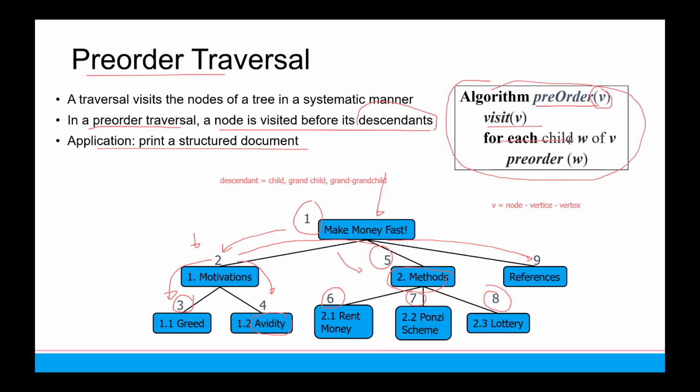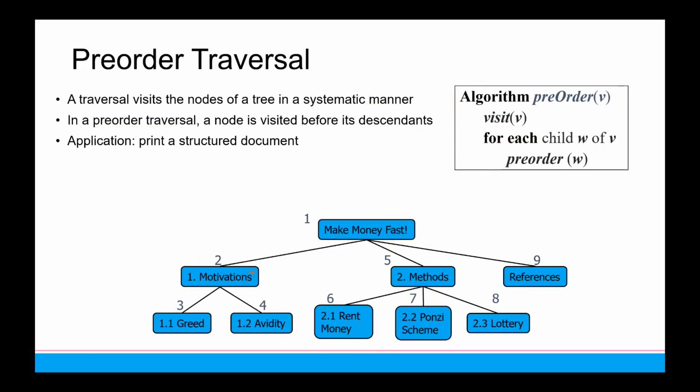For each child W of V, for every child, we will do the pre-order W. Pre-order W means we will check again with this method. Then after we are here, visit V.